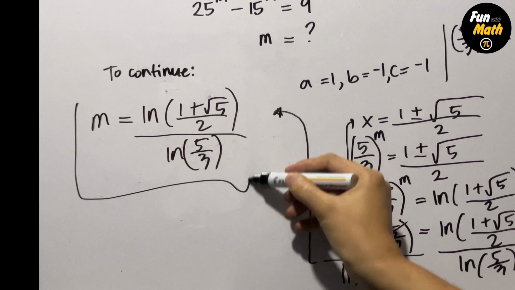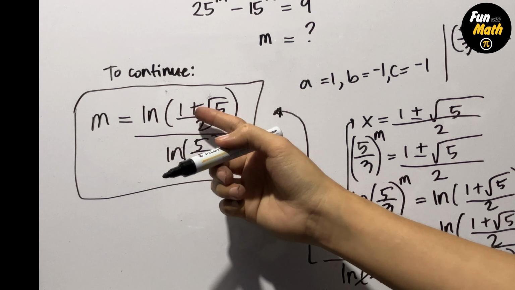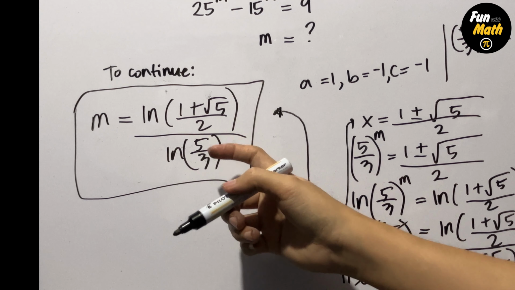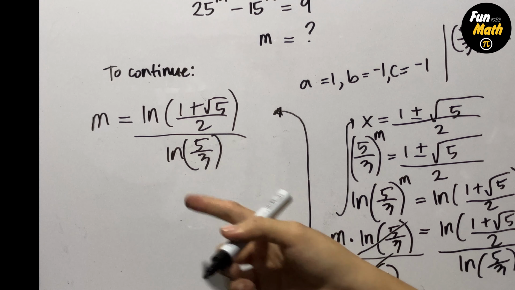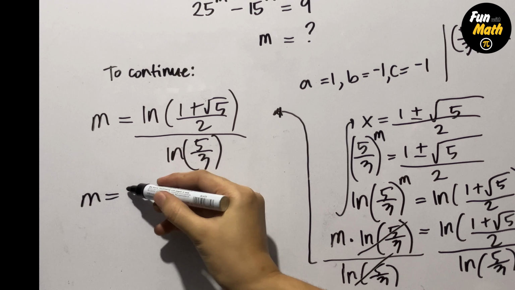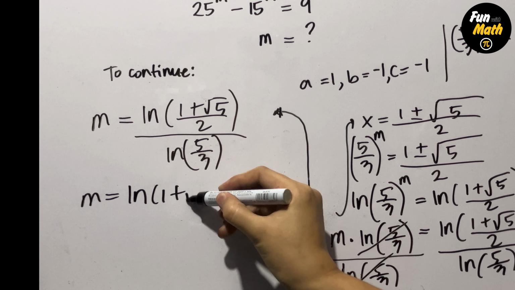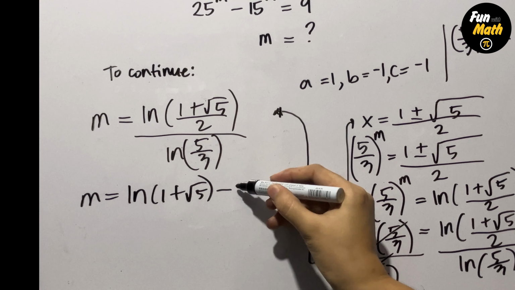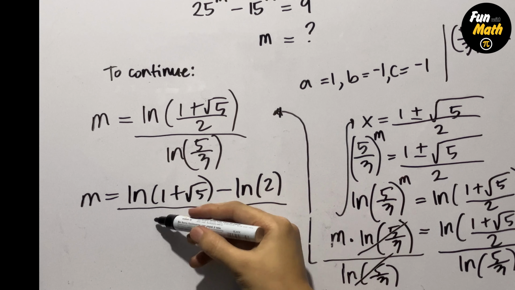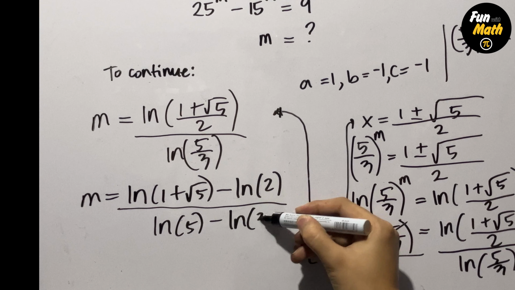And this is the final answer. m is equal to ln of 1 plus square root of 5 over 2 all over ln of 5 over 3. Or we can write this as m is equal to ln of 1 plus square root of 5 minus ln of 2 all over ln of 5 minus ln of 3.